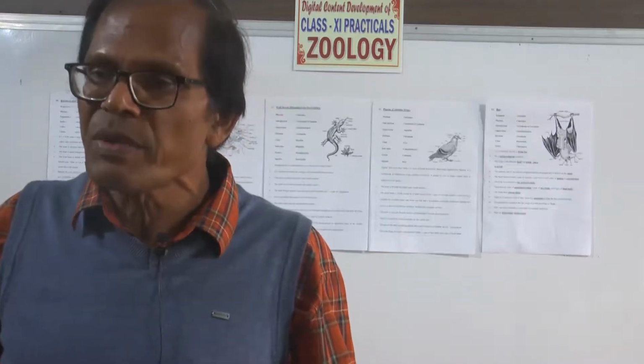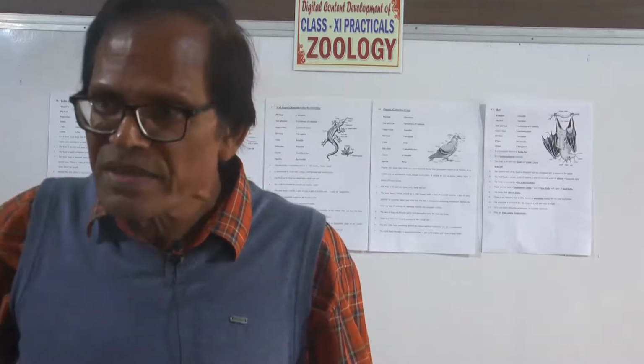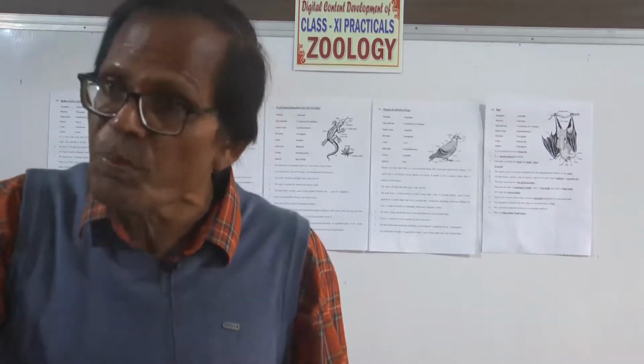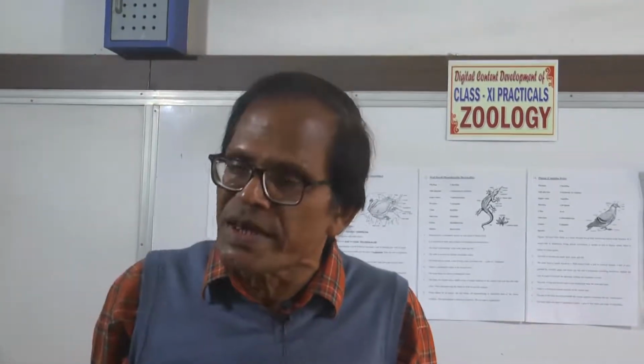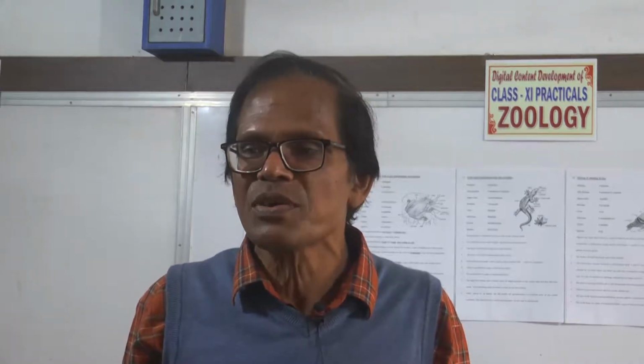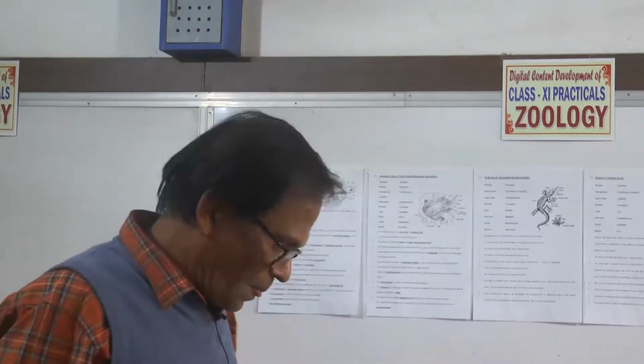Closely similar words means Pisces possess paired fins, two pairs of fins, while a tetrapod possesses two pairs of limbs. So fins are homologous to limbs. Fins of fishes, we can say, are homologous to limbs of a vertebrate.